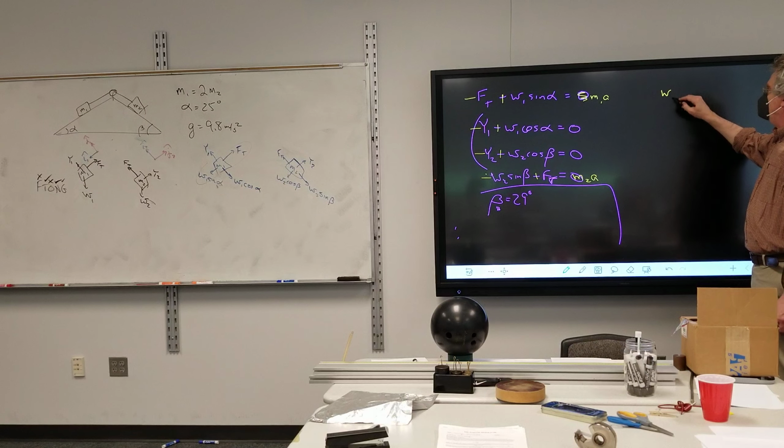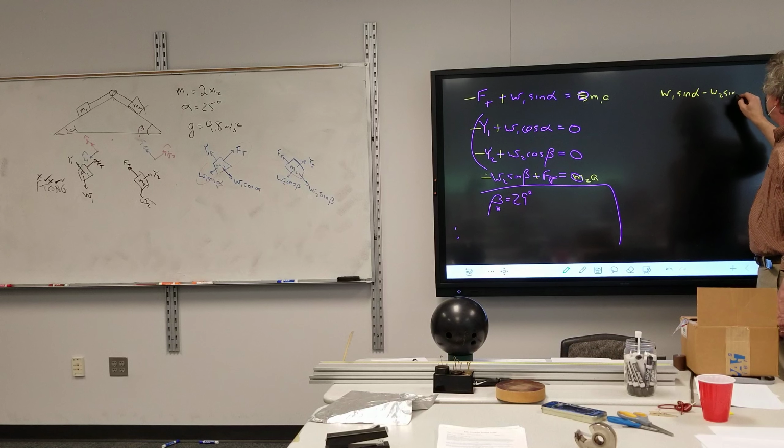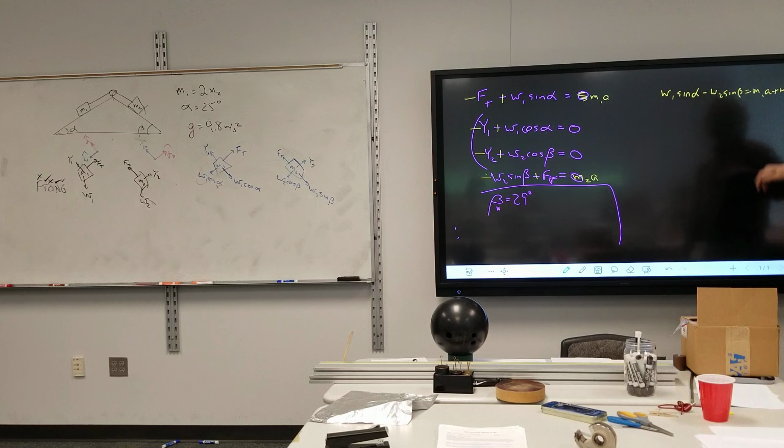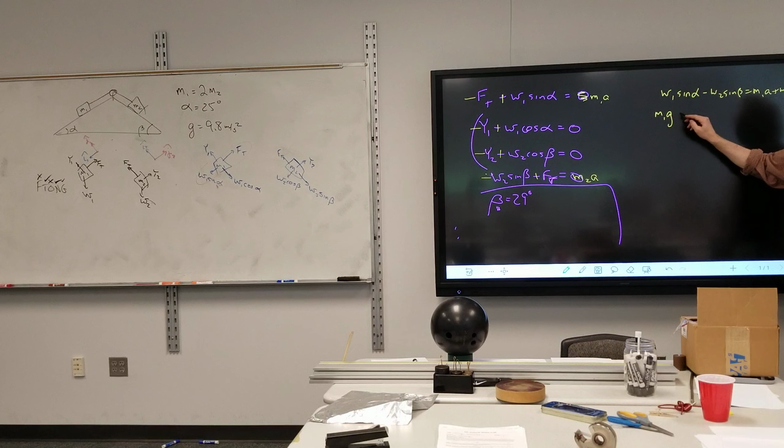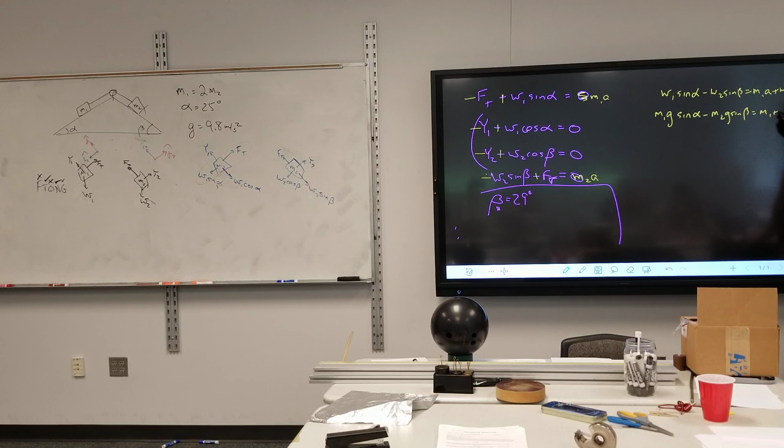And I get W1 sine alpha minus W2 sine beta is equal to M1 a plus M2 a. I know alpha and beta, I can find the weights easily enough. That's just M1 g. Actually, M1 g sine alpha minus M2 g sine beta is equal to M1 plus M2 times a.